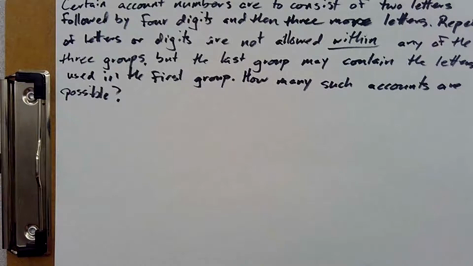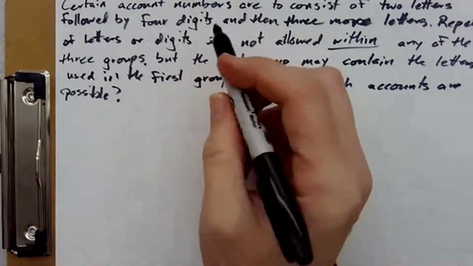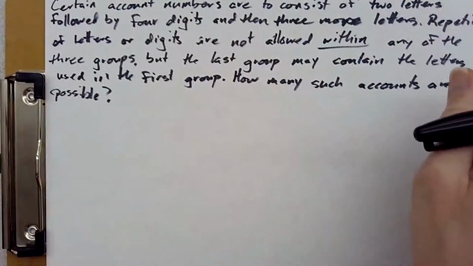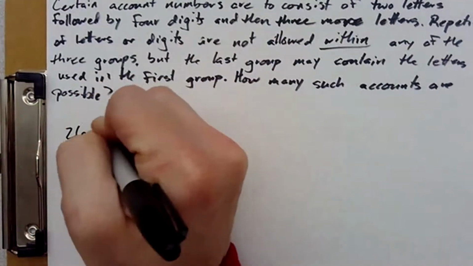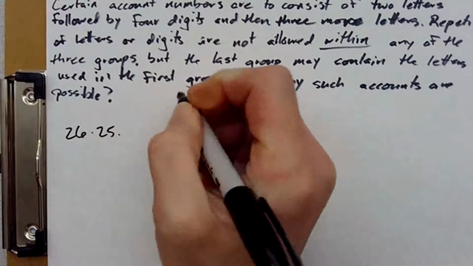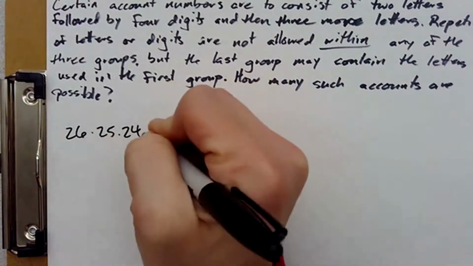Well, first we're going to figure out the number in the first set. We've got 26 letters times 25 letters after we pick the first one times 24 letters after we pick the second one.